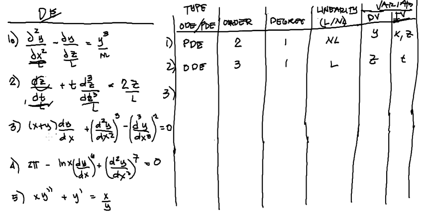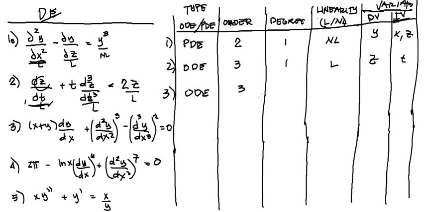So for number 3, the type, as you can see, is ODE. And the order is the order of the highest derivative. This part here is our highest order derivative, so we have order 3.